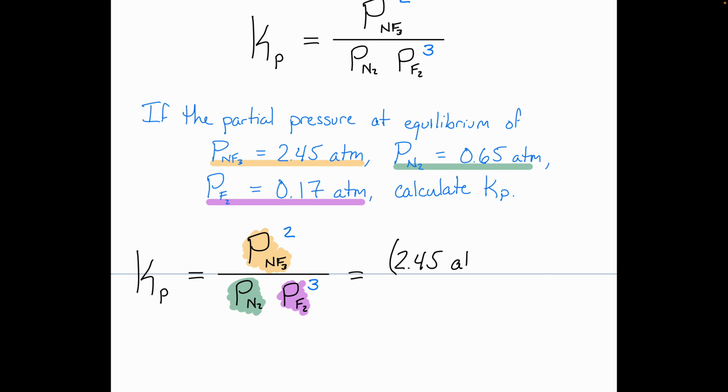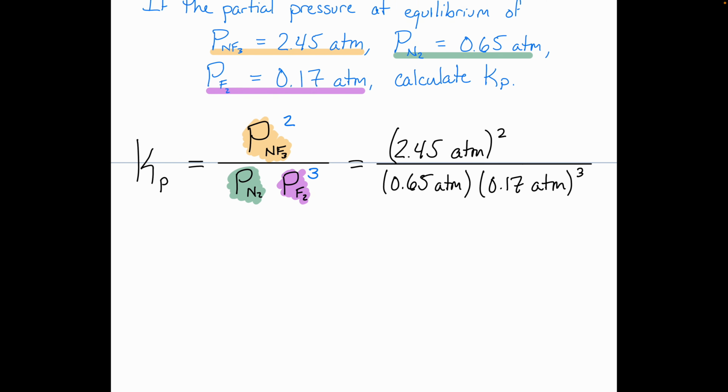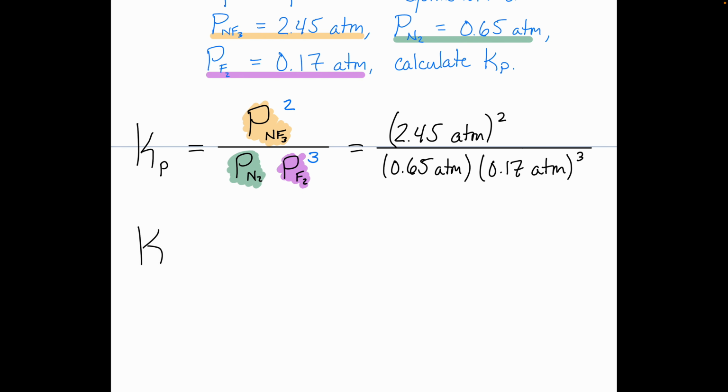All right, I'm going to be good and put in my units so I can make a point here. Punch this into my calculator. The value of Kp is 1879.6. We're just going to keep it there.